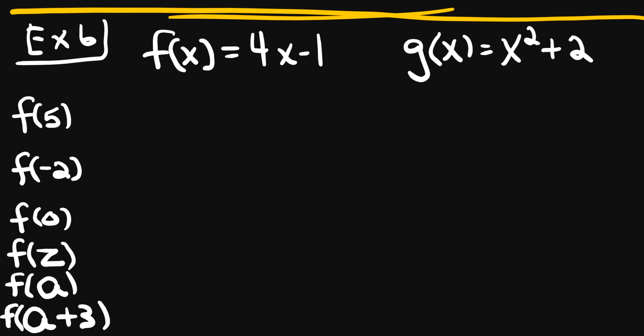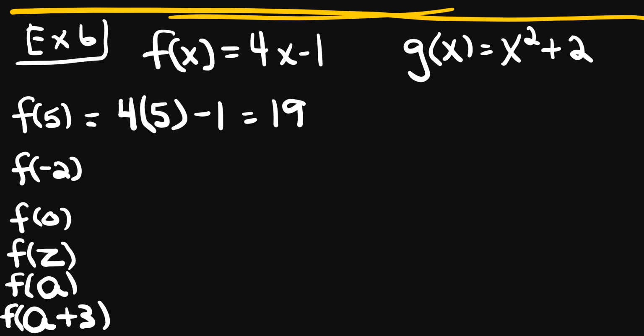So f of 5. So I'm going to substitute 5 in here. So f of 5 is going to give me 4 times 5 minus 1. And that'll be 20 minus 1. That's 19. Okay. The next one, f of negative 2. So I'm going to substitute negative 2 in for the x.